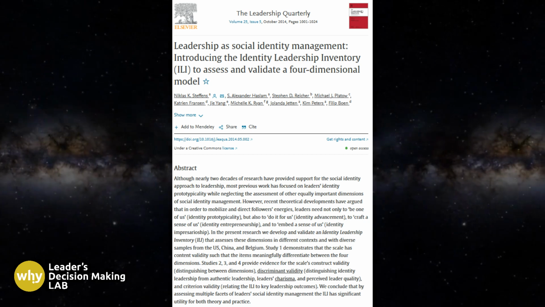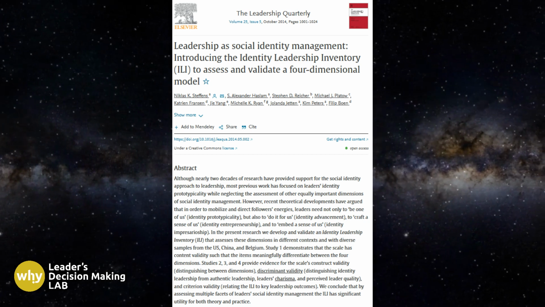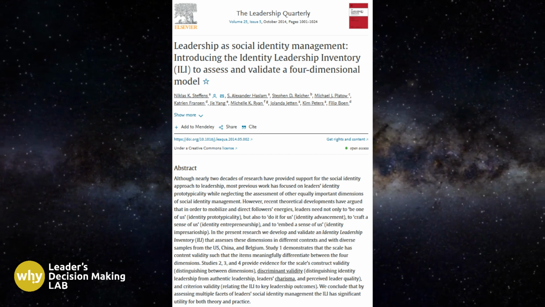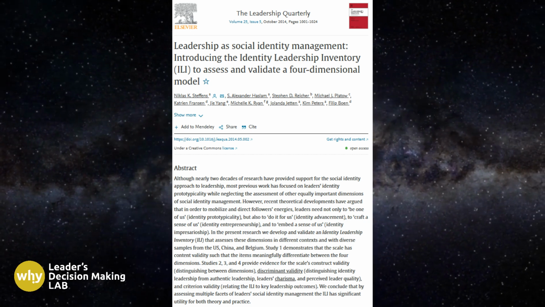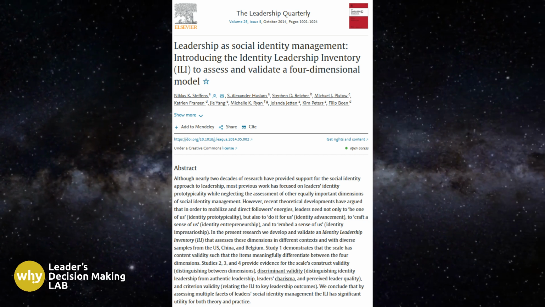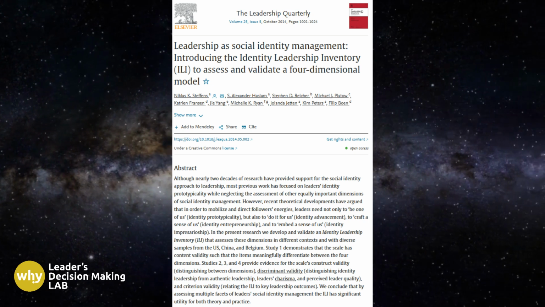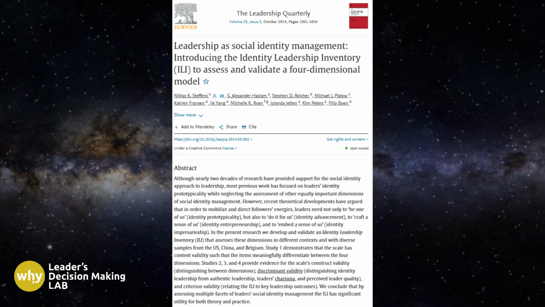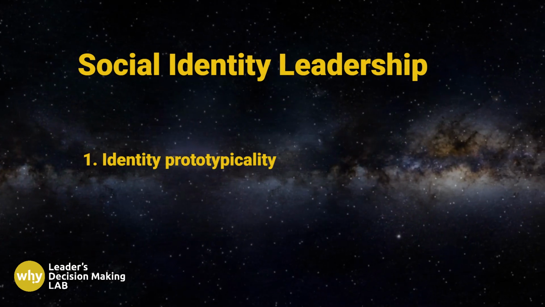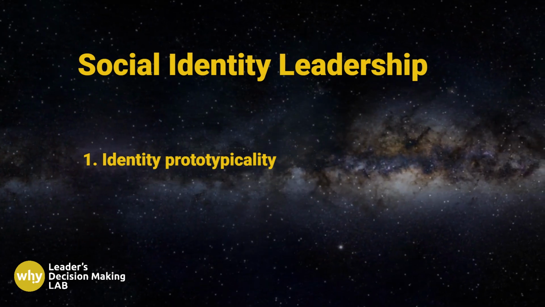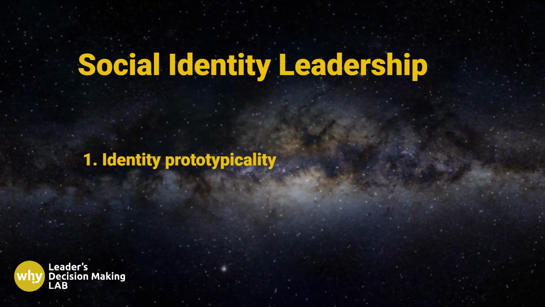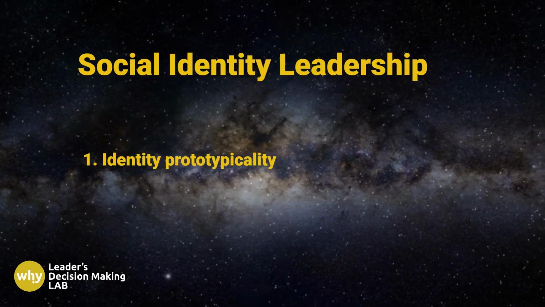In an article titled Leadership as Social Identity Management, introducing the Identity Leadership Inventory to assess and validate a four-dimensional model, researchers propose an instrument developed to measure identity leadership, which included four dimensions. First, identity prototypicality, which means being one of us. A leader is seen as a representative of a specific group that the leader and the followers share membership of.